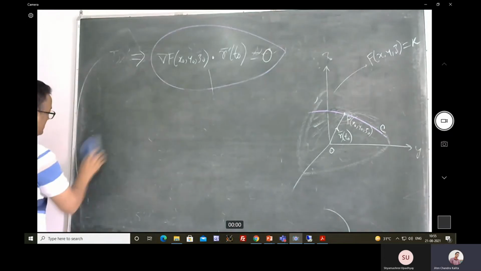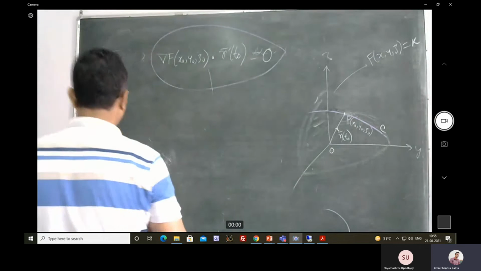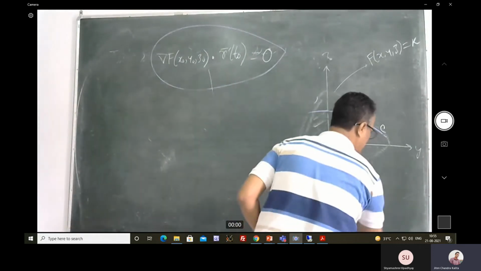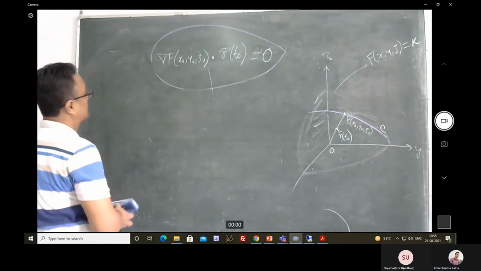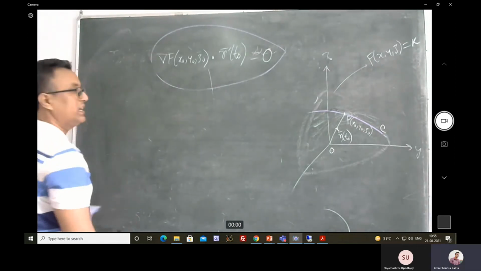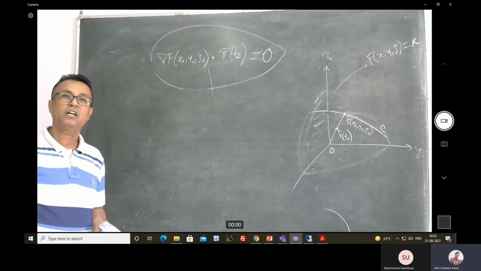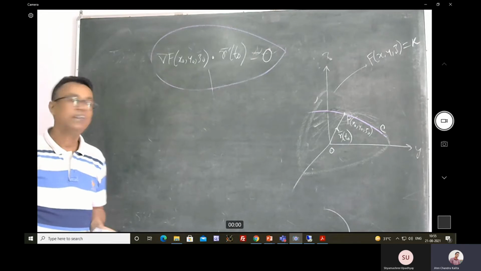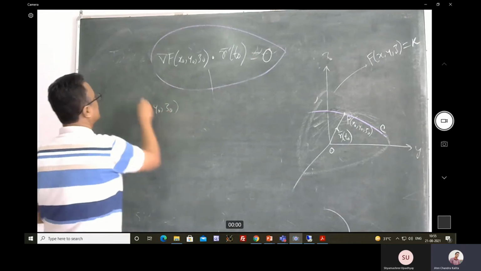So now, in our earlier discussions of vector calculus, what we did was develop the equation of the tangent plane at a point to a surface. So suppose that point is x naught, y naught, z naught.